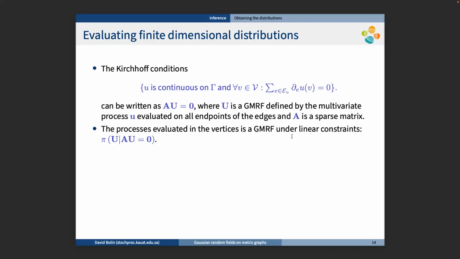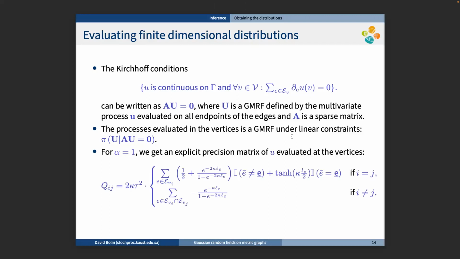And this is something that is quite well studied in statistics. There are many methods for doing efficient computations with Gaussian Markov random fields under linear constraints. So in fact, we have reduced this fractional order stochastic PDE to just a Gaussian Markov random field under linear constraints, which is something we can essentially use standard methods to deal with.